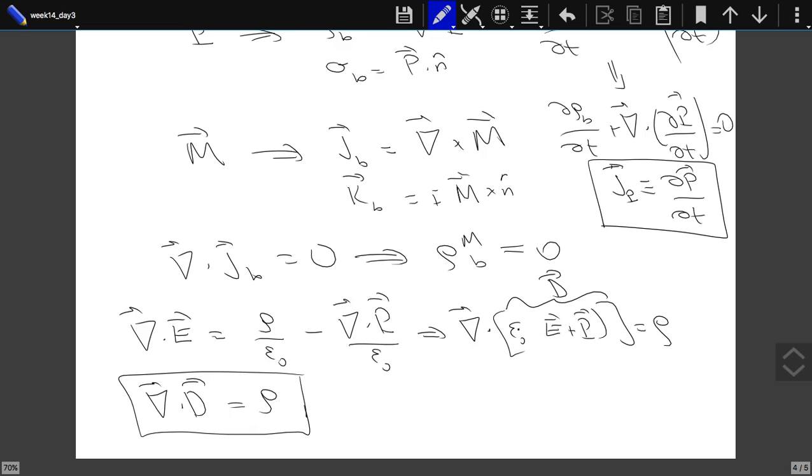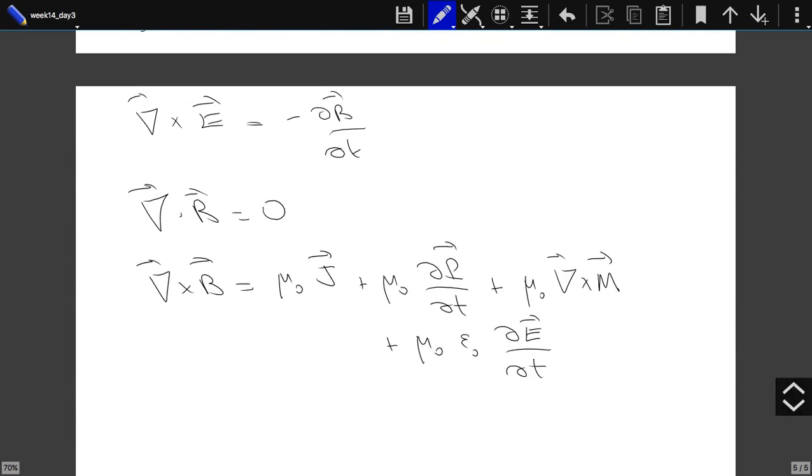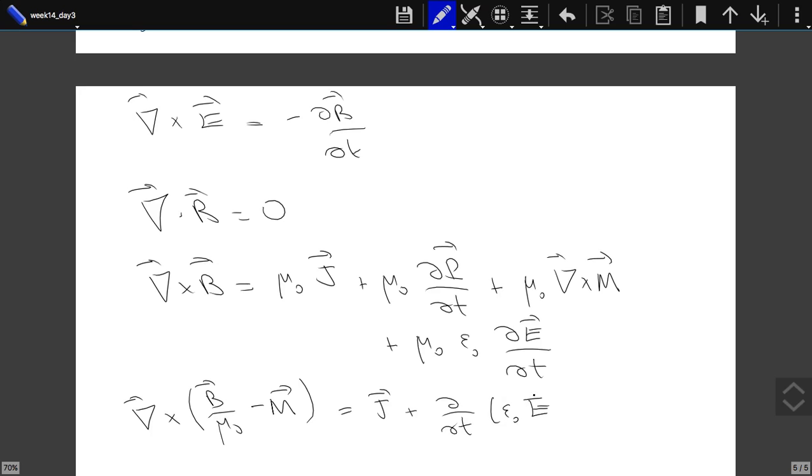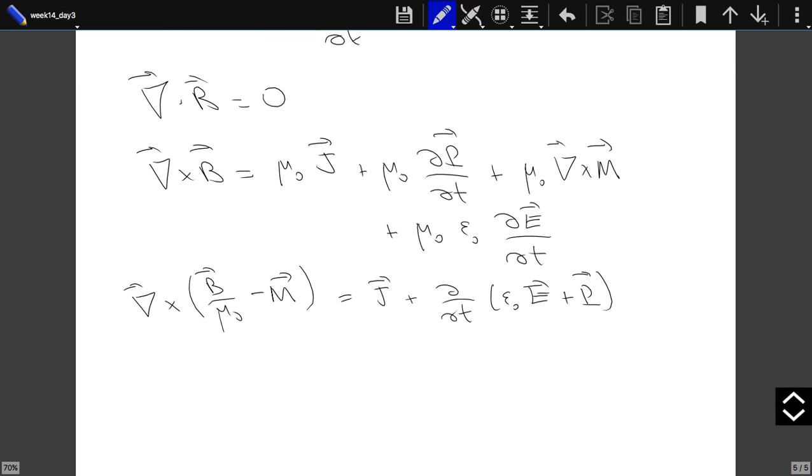Sorry, here I made a mistake. It is epsilon 0 E plus P. Well, let's see, this is the curl of B over mu 0 minus M. This is equal to J plus del over del t of epsilon 0 E plus P. Well, this was what we had defined as our H field, and this is what we had defined above as our D field.